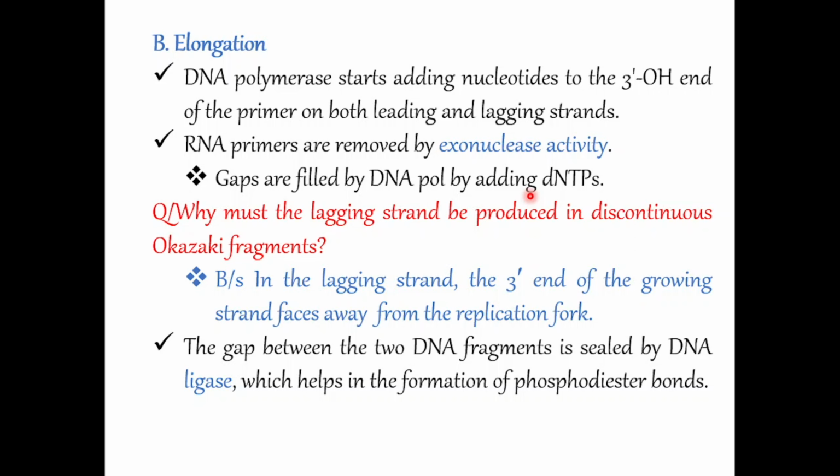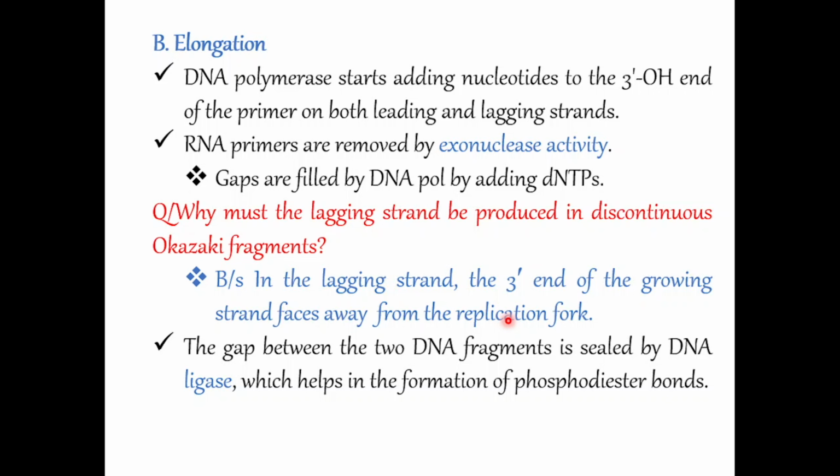The question is, why must the lagging strand be produced discontinuously in Okazaki fragments? Why is it not synthesized continuously like the leading strand? Because in the lagging strand, the end of the growing strand faces away from the replication fork.